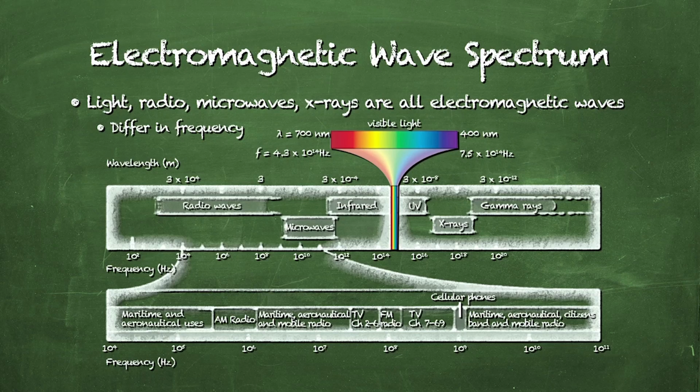Visible light is somewhere slightly to the right of middle. The wavelength of visible light extends from 700 nanometers at the longest end, I should say, or the red end of visible light, up to 400 nanometers at the shortest wavelength end, where we would find violet light.